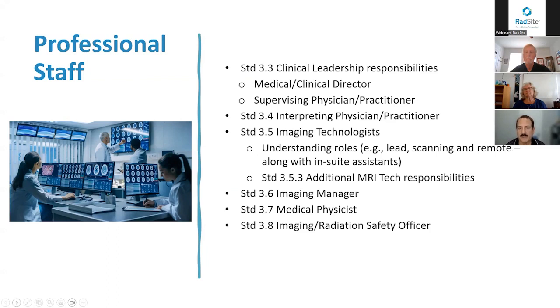And in addition to that, then there is the concept of the supervising physician and practitioner. And so that would be the person who is a clinician who is responsible for supervising any individual examination.